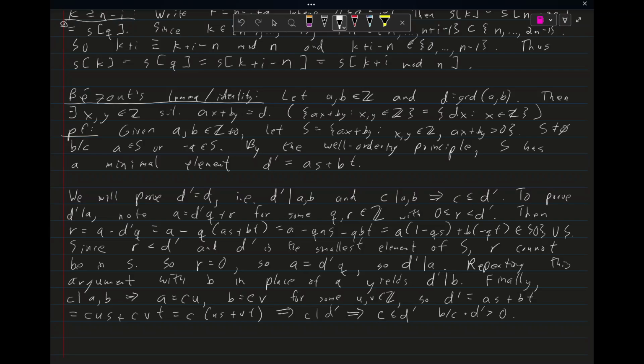So C is an integer that divides a positive integer, and that dividing integer needs to be smaller or equal. Yeah. So there we go. So that tells us that if C is a common divisor of A and B, then it is less than or equal to D prime.